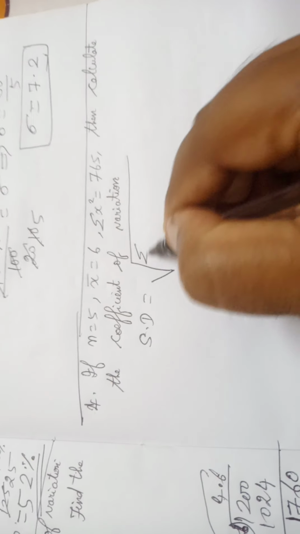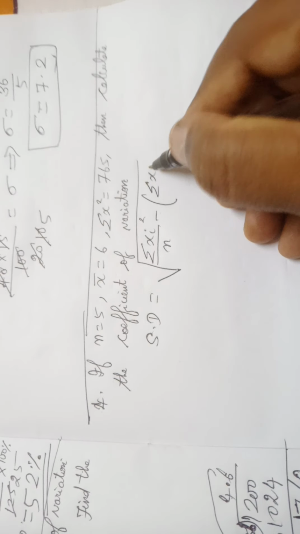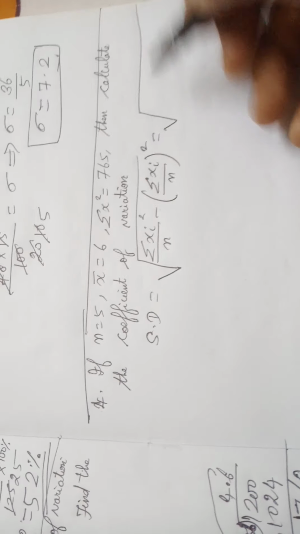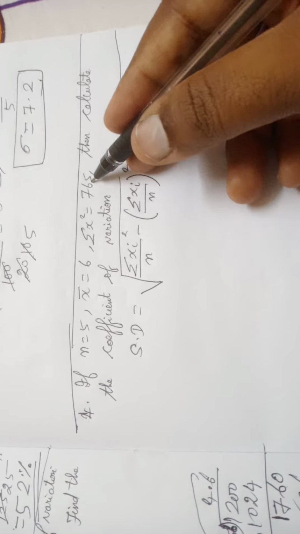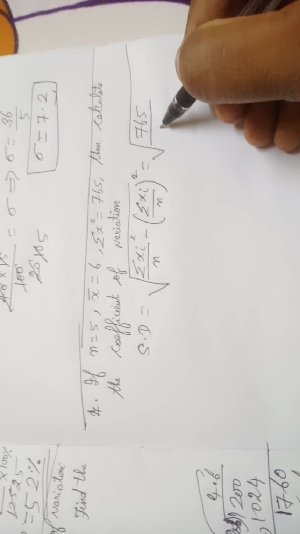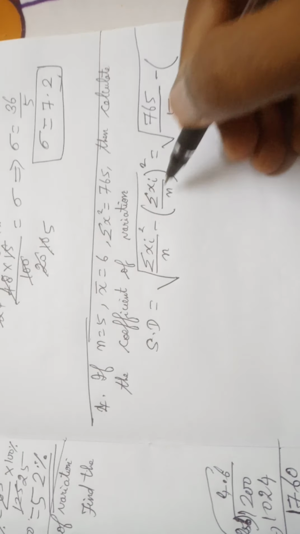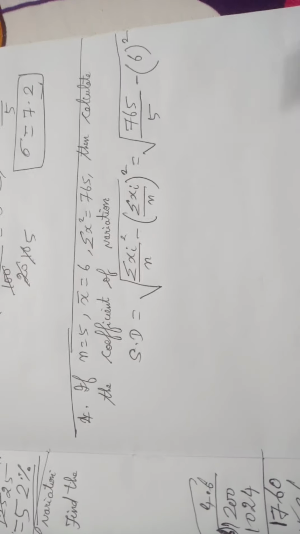Square root of sigma xi square by n minus sigma xi by n whole square. Sigma xi square is 765, divided by n equal to 5, minus the mean value, 6 whole square.